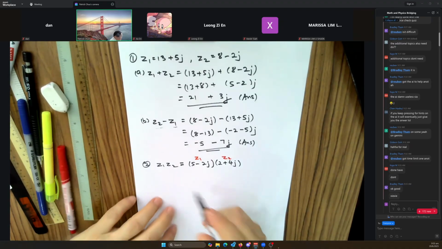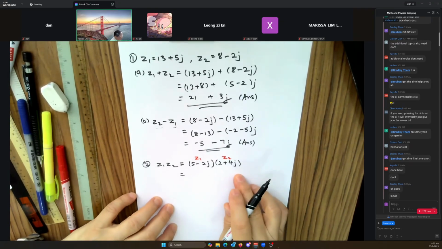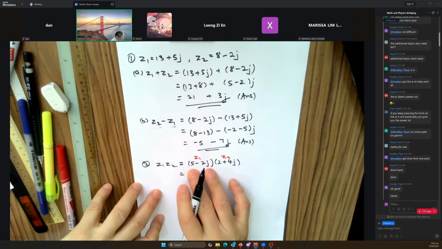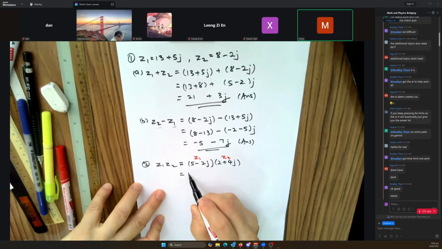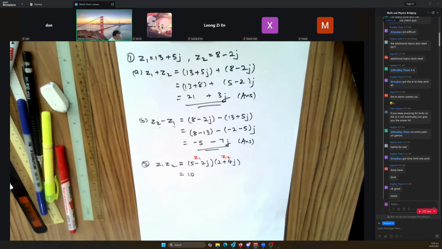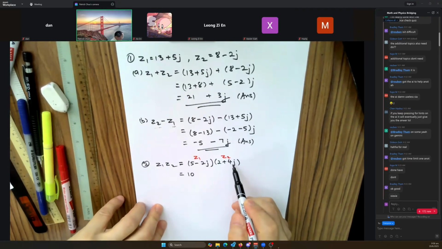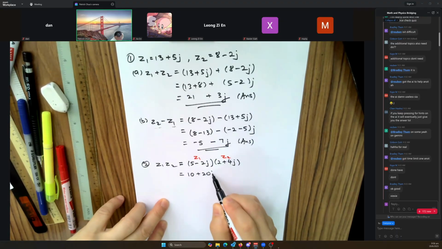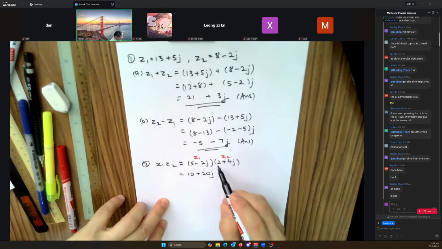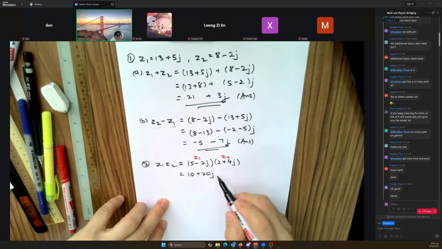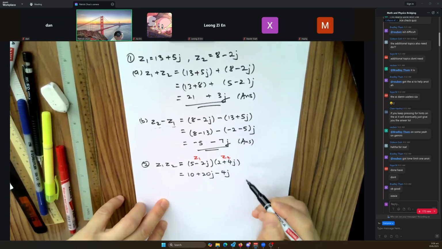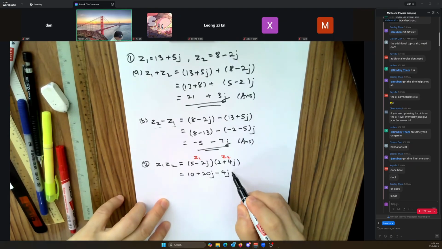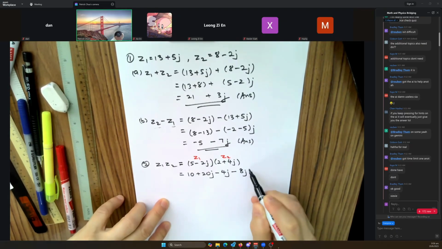Multiply. So you just expand as you would do normally. 5 times 2 will give you 10. 5 times 4j will be plus 20j. Next, minus 2j times 2 gives you minus 4j. And next, minus 2j times 4j will be minus 8j squared.